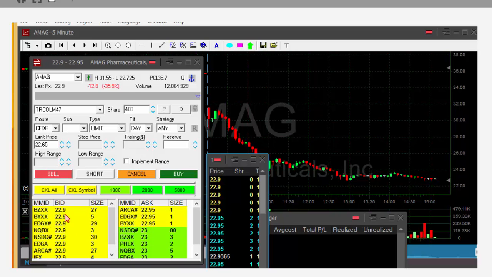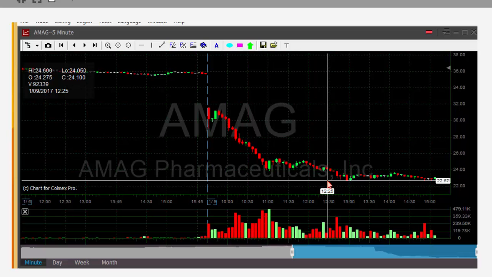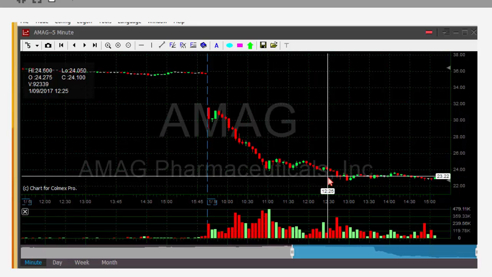So I could do it with a limit order because I'm really concerned it's going to run very quick. Now, as you can see, it's a very big runner. For example, this small red candle here has moved from 23.30 approximately to 22.70. So this small candle here is 60 cents.